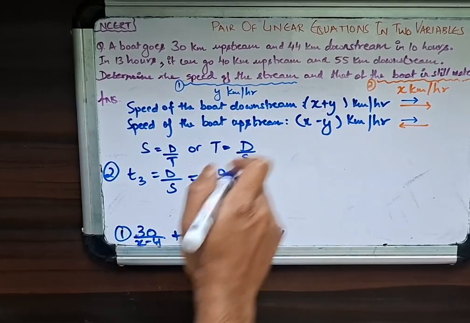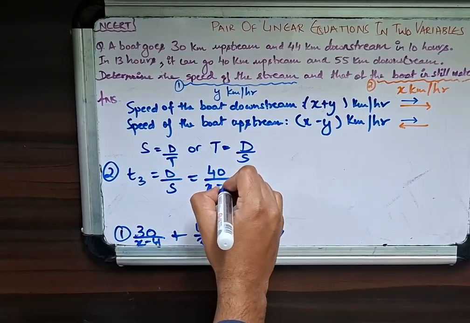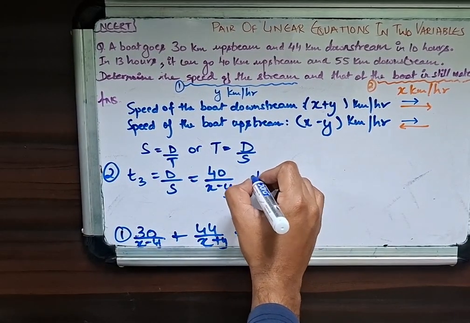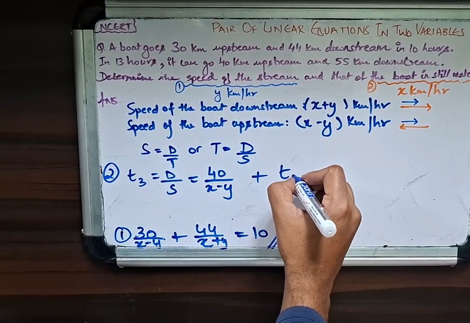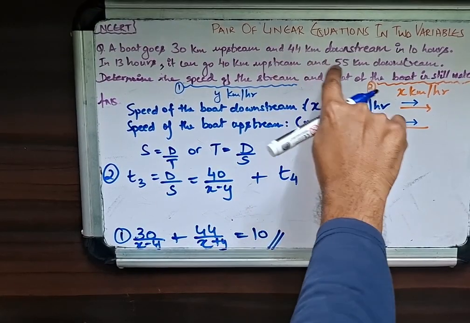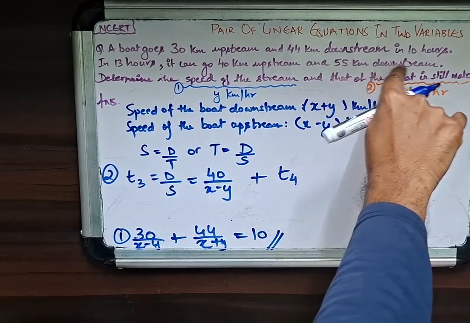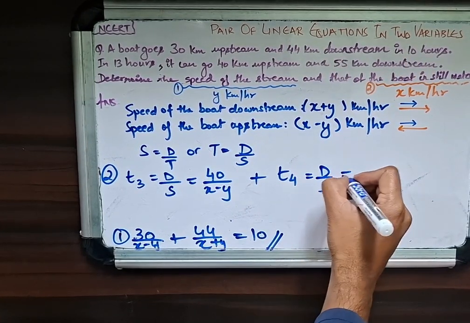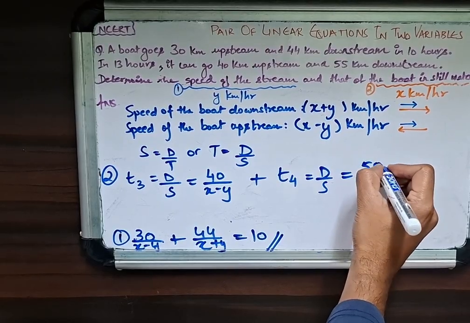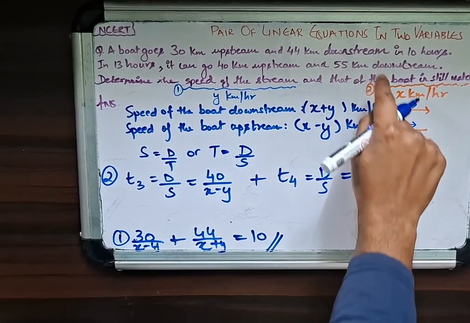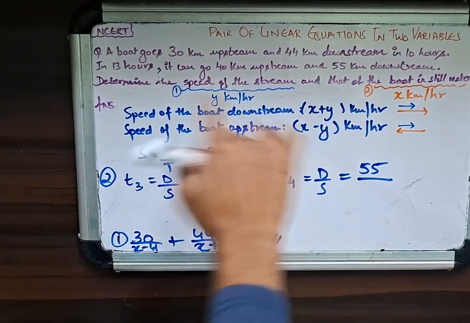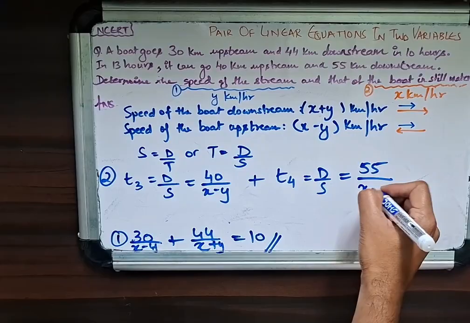Boat goes upstream at the rate x minus y kilometers per hour. And let's denote the time taken by the boat to go 55 kilometers downstream by T4. T4 is equal to d upon s, which is equal to 55, the distance, upon the speed of the boat going downstream, x plus y.